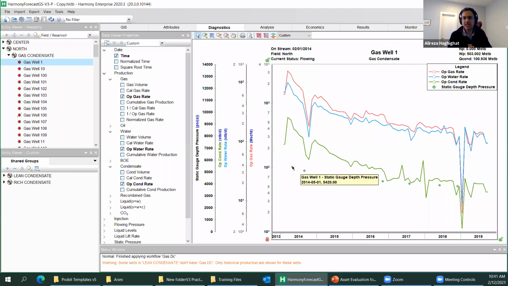They wait 1 or 2 days, depending on the permeability of the formation, until they see enough buildup and can measure the average reservoir pressure. Then they continue producing and they repeat these tests every 6 months, every 4 months, every year.